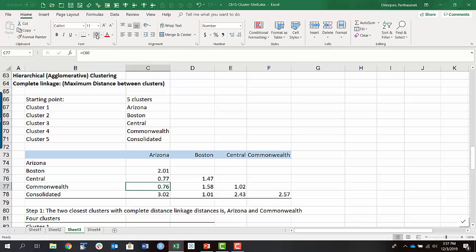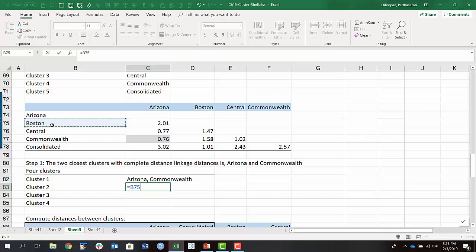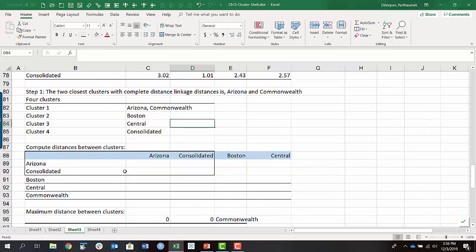Okay, so that's the one. So join them. So we have now Arizona, Commonwealth, and then Boston, Central, and Consolidated as the 4 clusters.